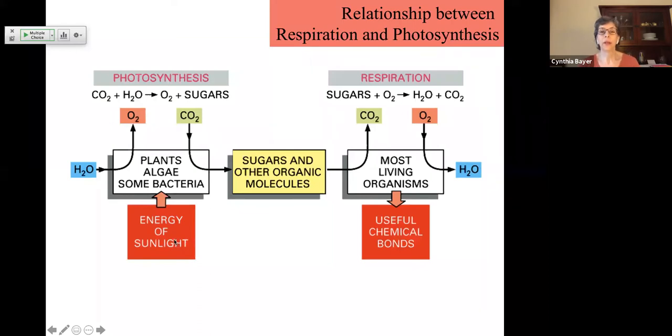The energy of sunlight that has built these high energy molecules from atmospheric carbon dioxide, those high energy sugars and other organic molecules, can then be broken down in a cell, whether it's a plant cell, an animal cell, a protist, to a prokaryote, to be able to extract the energy of those high energy molecules into useful chemical bonds like the bonds in ATP.